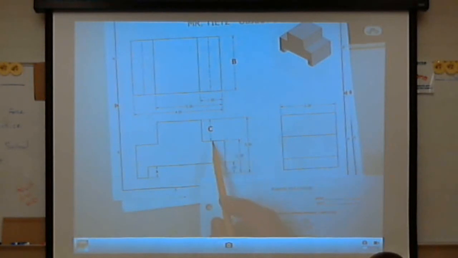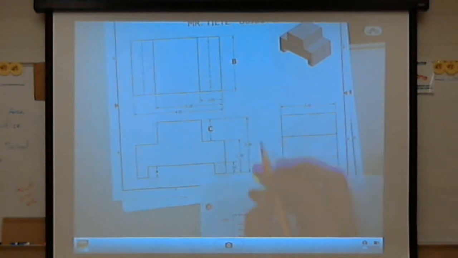C is asking for the distance from this ledge to the top of the object. Now, if we notice here, it gives me the overall height. It gives me to this ledge, but there's nothing that says what this dimension is right here. So I go over to my right side view because I also have the height there. Well, there's no dimensions height-wise telling me what that distance is.